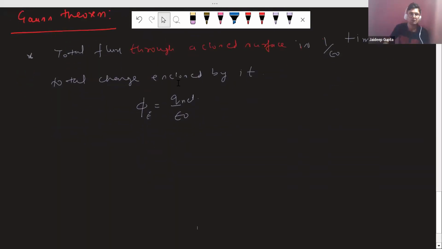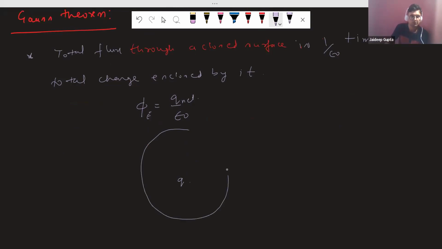Look. So let it be a charge. First of all, if it is closed, it is a Gaussian surface. Later, I'll let you know what we mean by Gaussian surface. It is a closed figure.